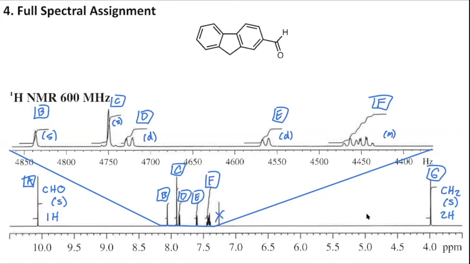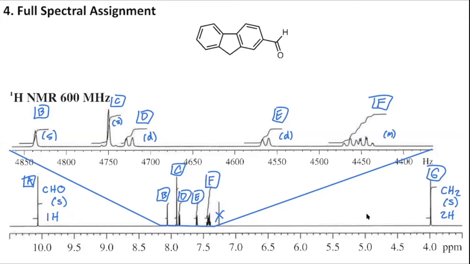So because we know some information on this full spectrum at the bottom, we know that the aldehyde proton only corresponds to one proton. There's only the one. So that integral must equal 1. And similarly, we know that the CH2 corresponds to 2 hydrogens, so that height of integral must correspond to 2.